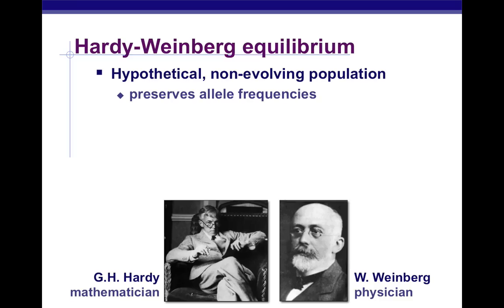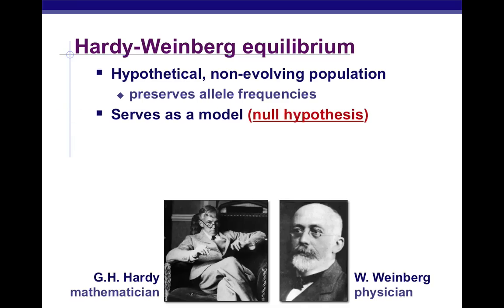So here comes this Hardy-Weinberg equilibrium. Basically, we wanted to find a way to measure evolution quantitatively, meaning using numbers. So Hardy and Weinberg, these two scientists, came together and came up with this model. Again, what would happen if there was no evolution, which is what a null hypothesis is.